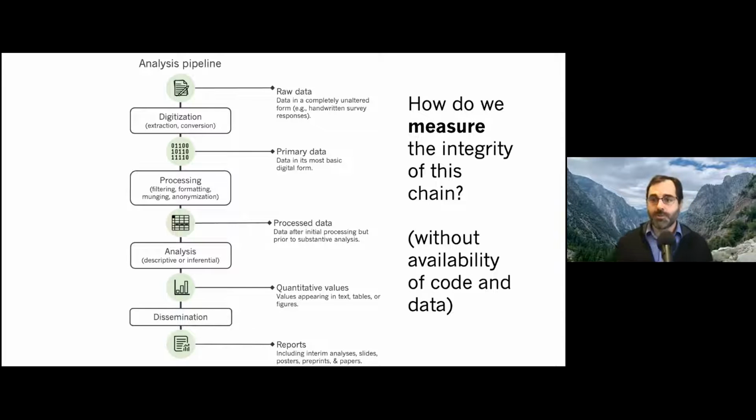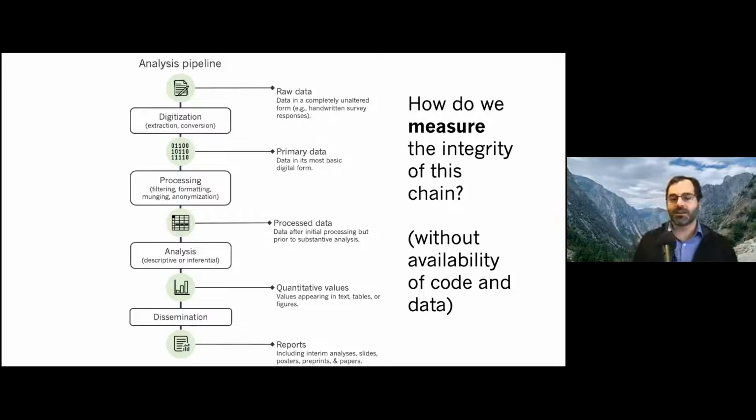Those data and code could be reused by creative scientists in a variety of ways that could speed up discovery. But maybe it's not a critical flaw in the research ecosystem because mostly the reports are correct in terms of their details. So how do we measure the integrity of the chain without the availability of code and data?